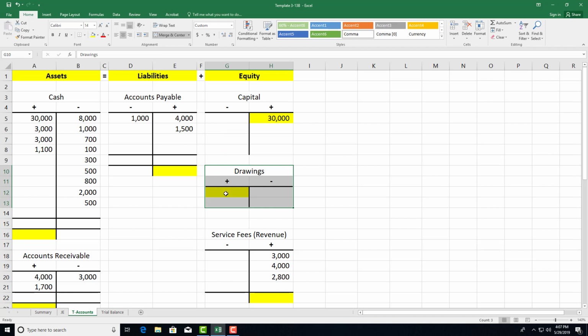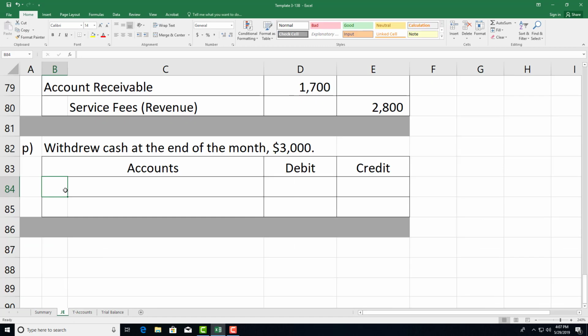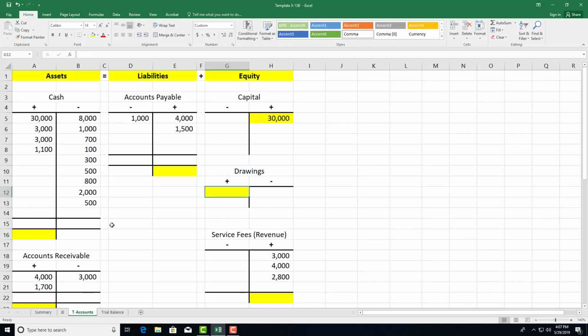In other words, a debit here ultimately becomes merged into this account and becomes a debit in this account. So my journal entry, debit drawings, $3,000, credit cash, $3,000. So debit drawings, credit cash.